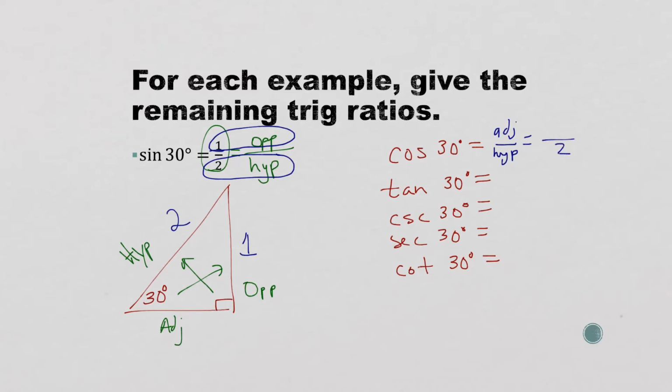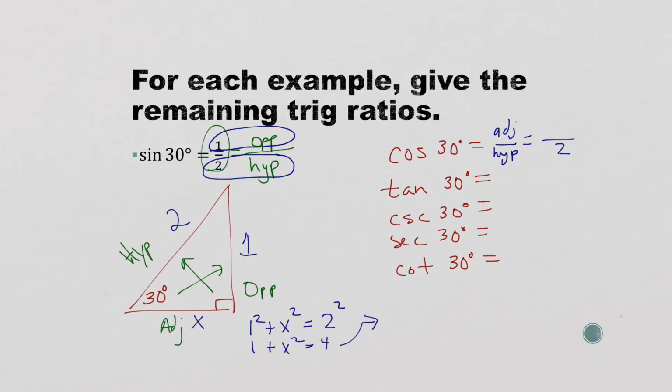You do know that you have a right triangle, so I must have to use Pythagorean theorem. So, we'll call this side x. 1 squared plus x squared equals 2 squared. So 1 plus x squared equals 4.